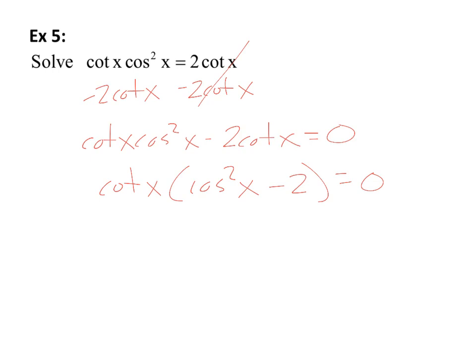Now I have everything in factored form. I'm going to set each factor equal to 0. Cotangent x equals 0. And then here I have cosine squared x minus 2 equals 0. Going to add 2 here.